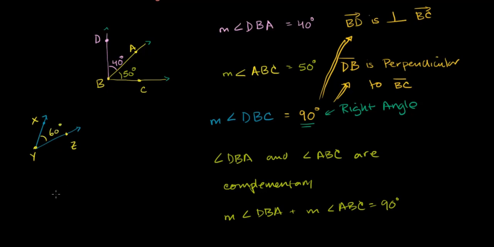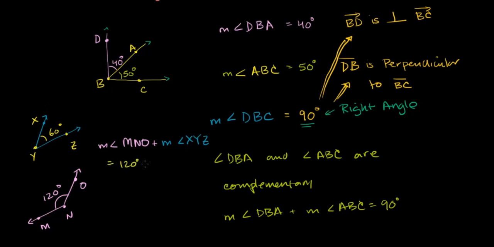And let's say you have another angle that looks like this, and I'll call this MNO, and the measure of angle MNO is 120 degrees. So if you were to add the two measures, the measure of angle MNO plus the measure of angle XYZ is equal to 120 degrees plus 60 degrees, which is equal to 180 degrees.